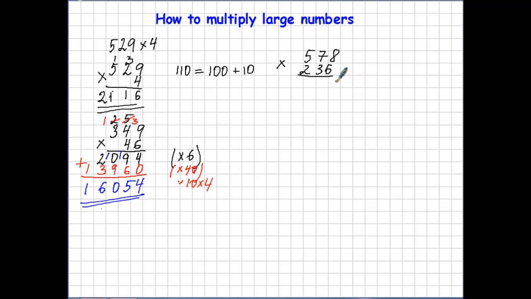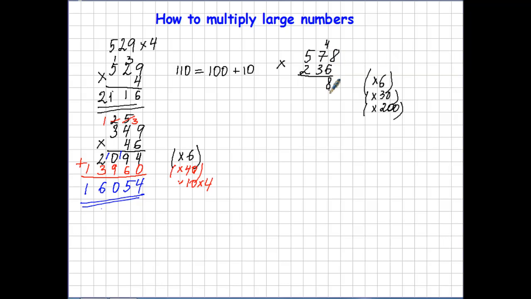Starting with the units, we have 8 times 6 is 48. Let's write here what we're doing: we're multiplying by 6. Then later we'll multiply by 30. Then later we'll multiply by 200. And we'll add all three results together. So let's go back to multiplying 578 by 6.